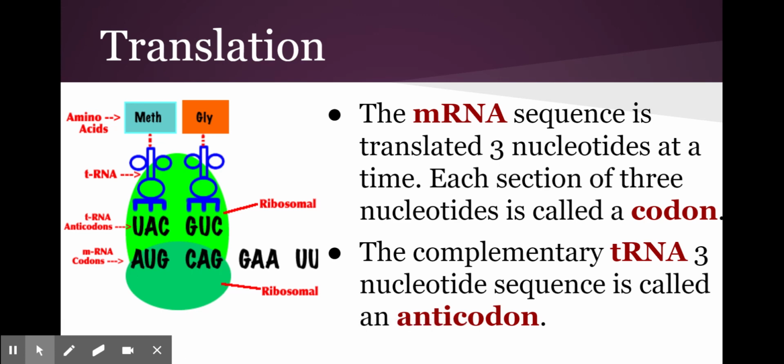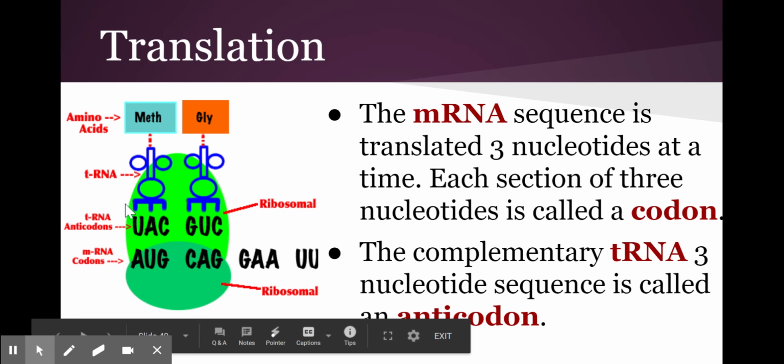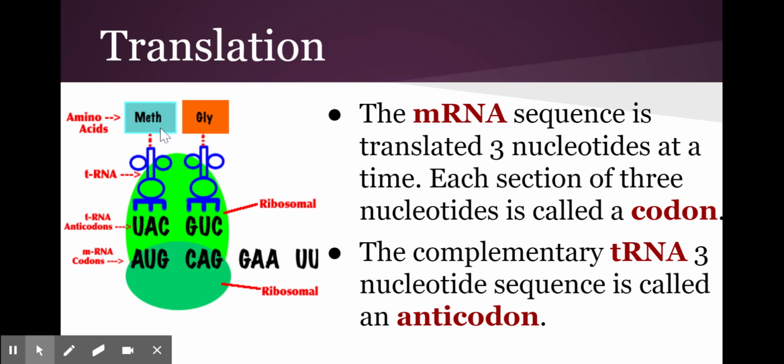So A's with U's, G's with C's. Now, if UAC is on one end of a tRNA molecule, then methionine, or MET, is the amino acid that would be attached on the other end. So imagine this tRNA molecule with UAC on one end and a methionine on the other end just floating around inside the cytoplasm.